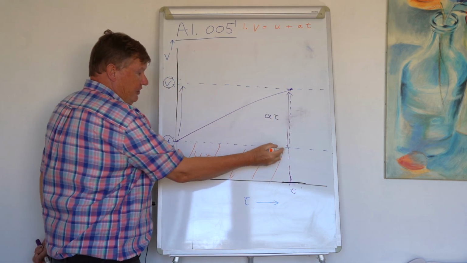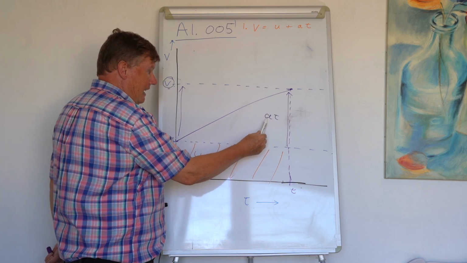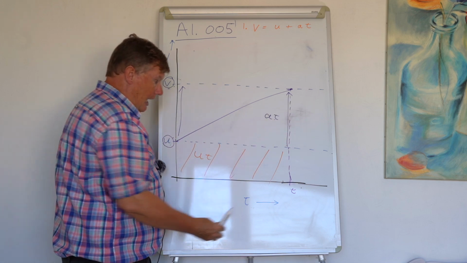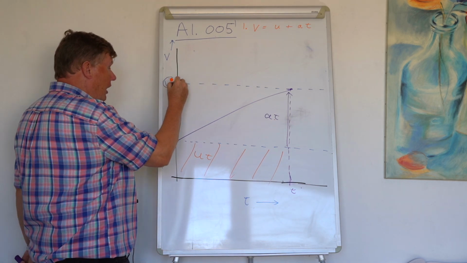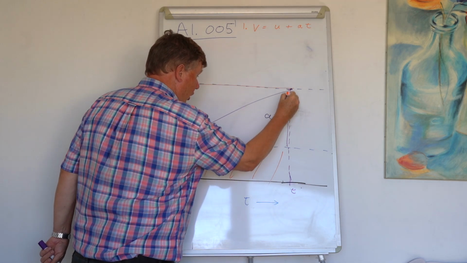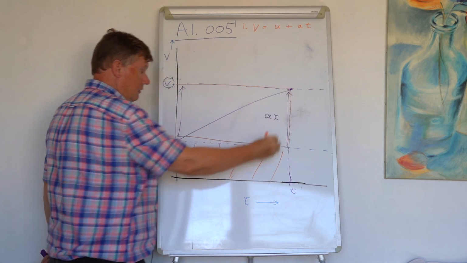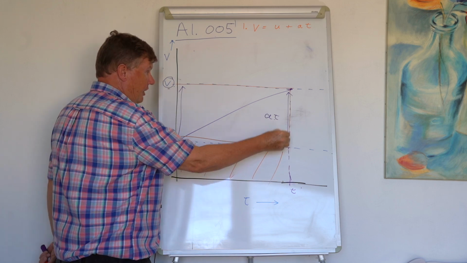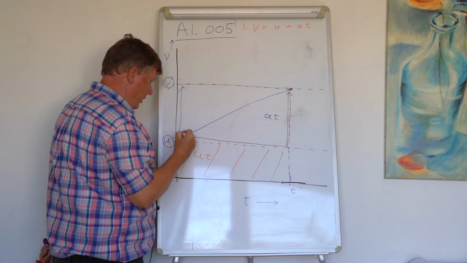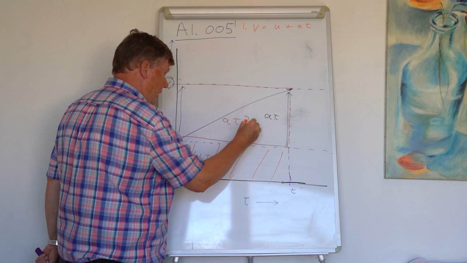And what's the area of that? Well, this side is the change in speed, which can also be written as acceleration times time, and this is time. So the area of this top box is a times t times t. A times t is that bit, and t is that bit, so the whole box is at squared.